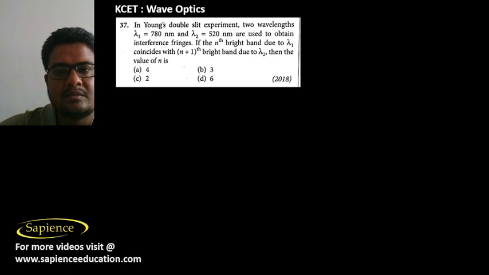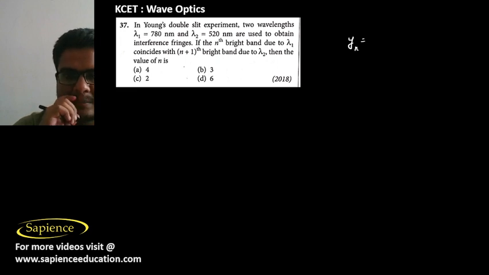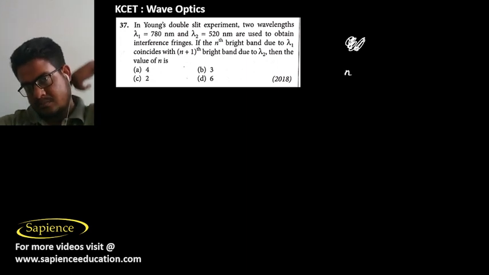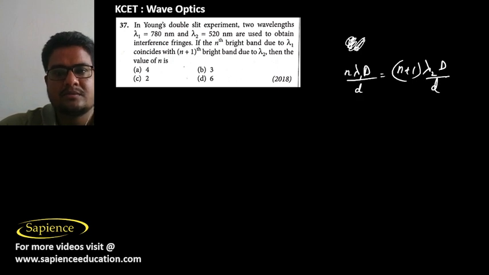So the nth bright band due to lambda 1 is y n, that is n lambda 1 D by d.